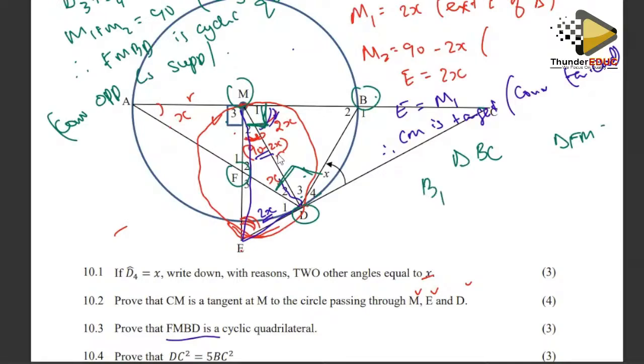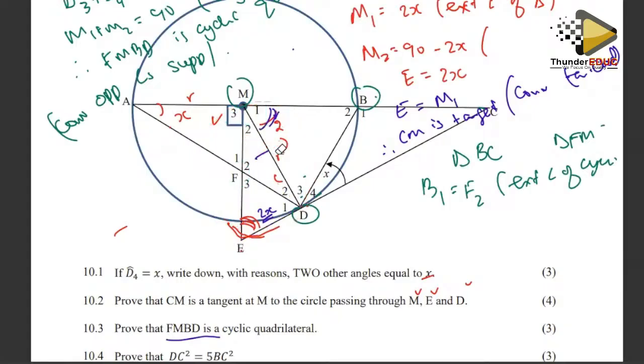So we say that B1 is the same as F2 because of exterior angle of a cyclic quadrilateral. Okay, so DBC and DFM. So we're saying B1 is going to be the same as F2 because of the exterior angle of the cyclic quadrilateral. We agree with that.